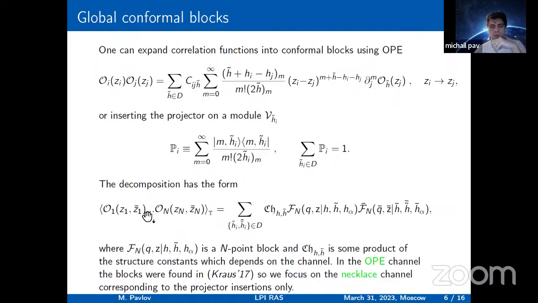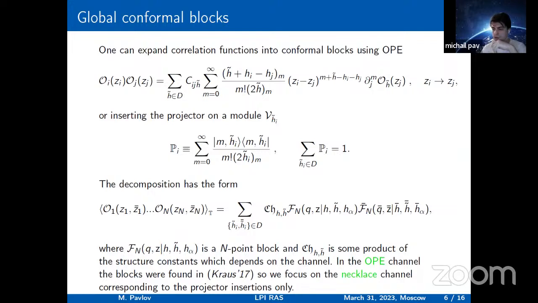Concerning the channel, actually they derived it for any channel. Let me slightly describe it. As I mentioned, the connection between torus blocks is the following: an n-point torus block can be written as a product of a 1-point torus block and an n plus 2 point sphere block.